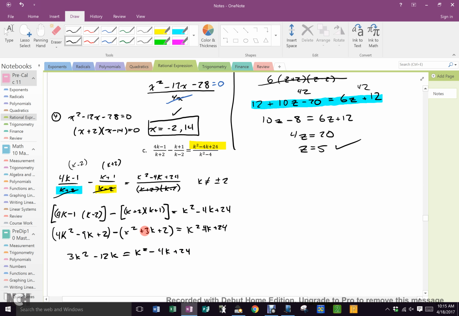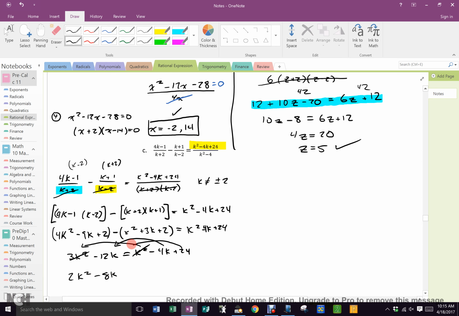Now what? Collect like terms. So this k's got to come over here, yes? To get what? 2k squared. Now my k squareds are gone. This k's got to come over here to get what? Minus 8k.